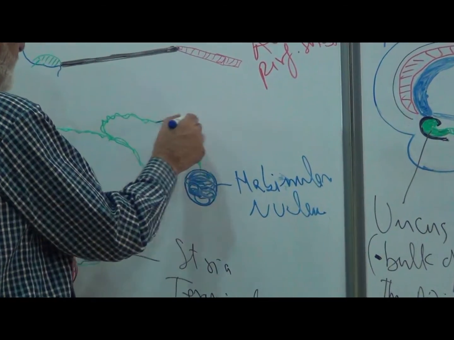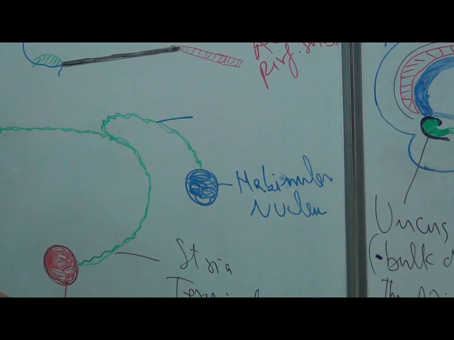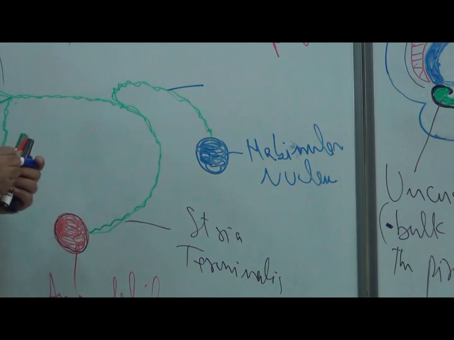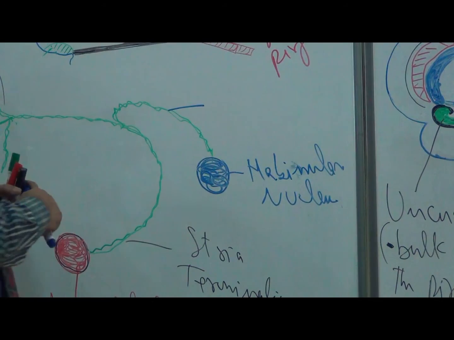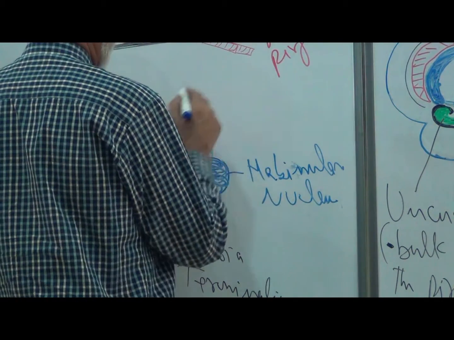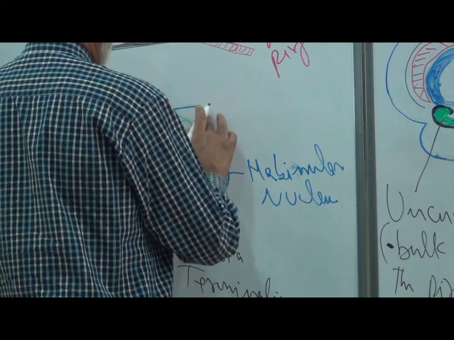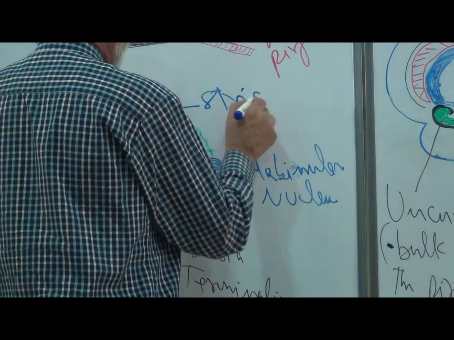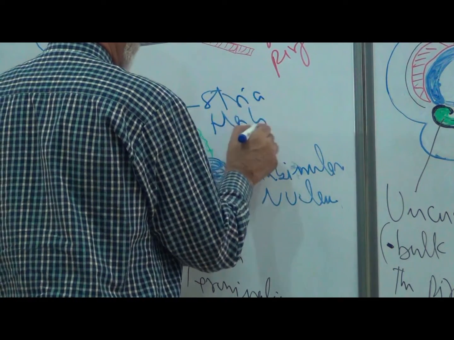These fibers, which leave the stria terminalis and enter the habenular nucleus, are known as the stria habenularis.